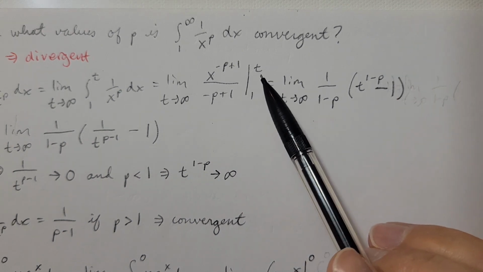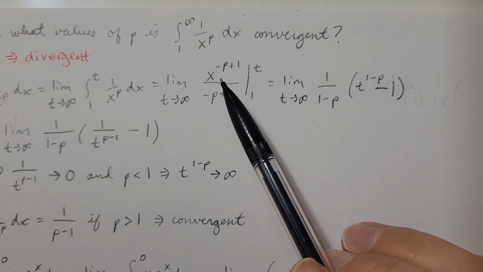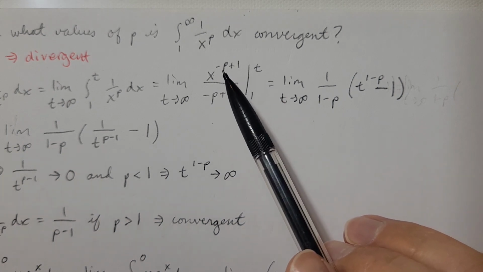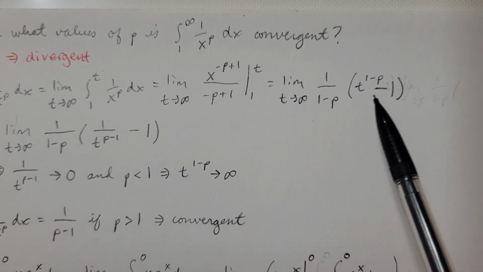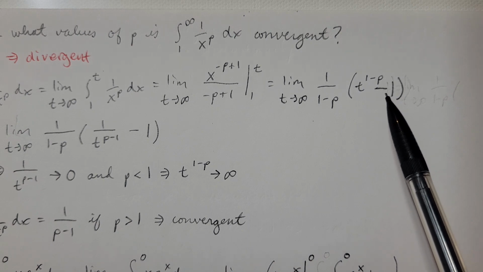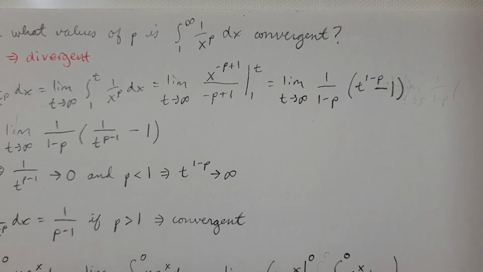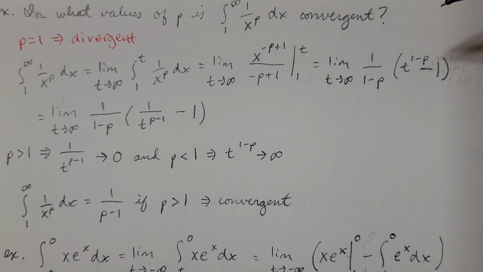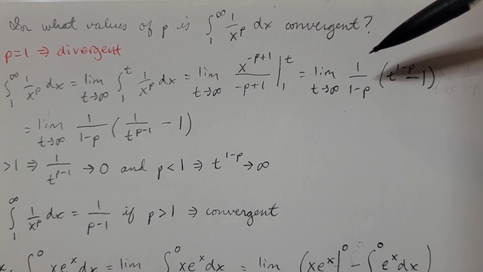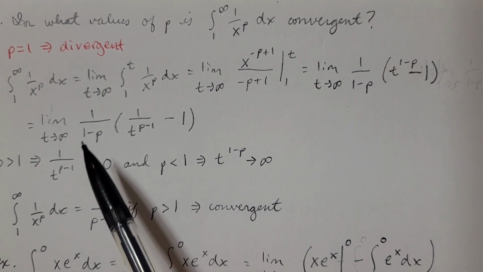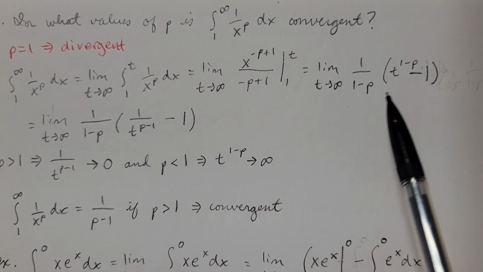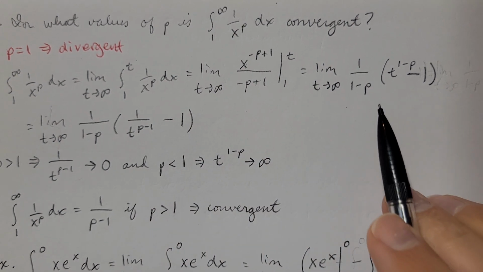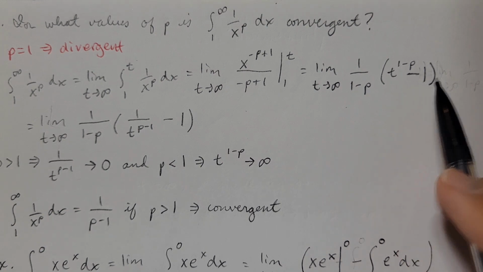So then when I plug in the upper bound, t, I got t to the 1 minus p, minus 1 to any power, which is always 1. Okay, so here's where I'm at right now. Now the next thing I do: I've got the limit as t approaches infinity of 1 over 1 minus p times t to the 1 minus p.